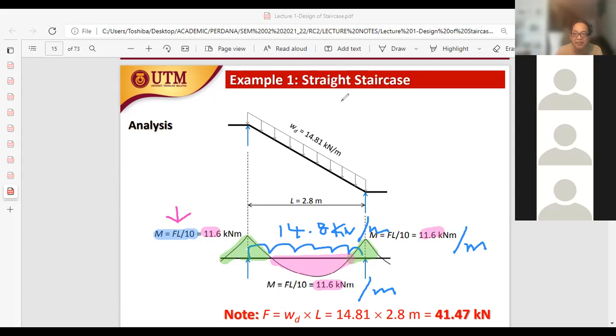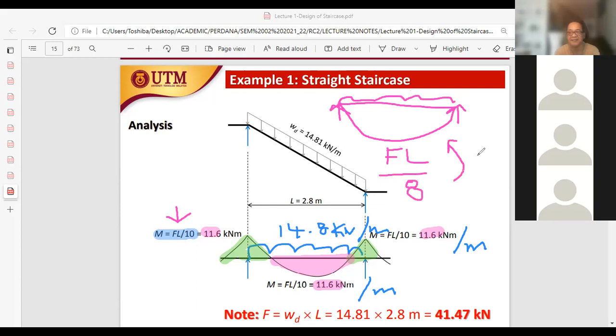For a simply supported case, if we have a staircase that is simply supported, say this part is no longer there, there is no continuity on the left hand side and right hand side, so we have something like this. We have our loading. Then the bending moment would be a simply supported bending moment. The value would be FL/8, FL over 8, and this is applied to the simply supported case.